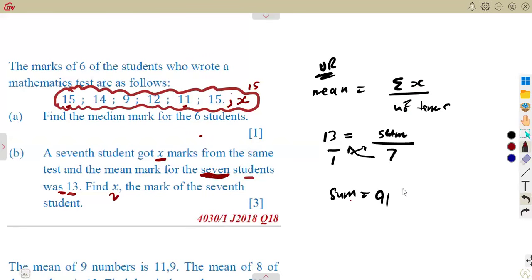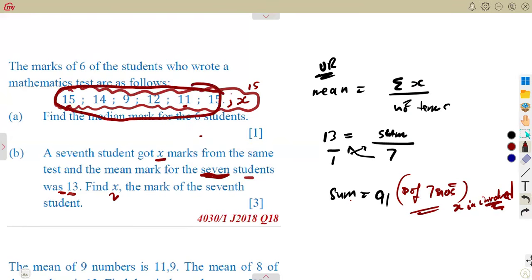This is the sum of 7 numbers, when x is involved. X is already inside. So this is what you're going to do. You go back to these numbers.